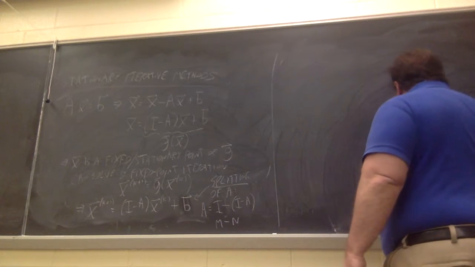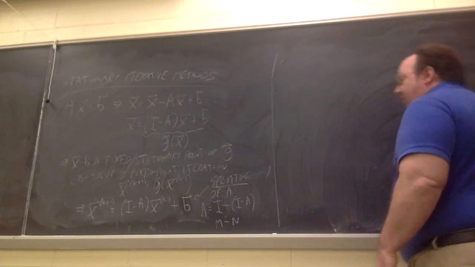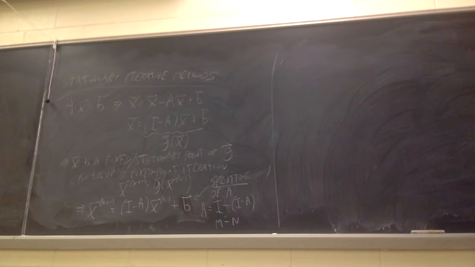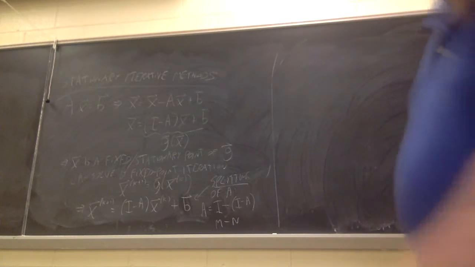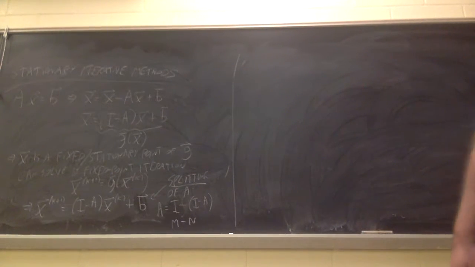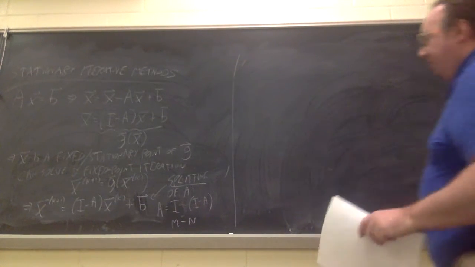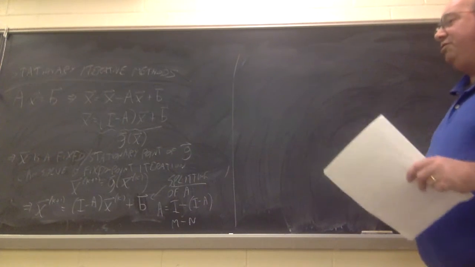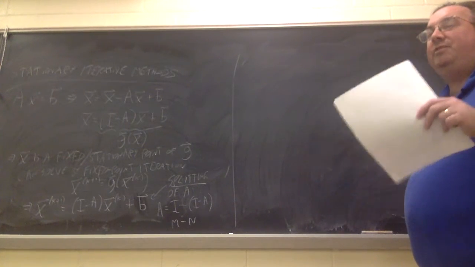Each iteration takes order n squared operations, so it's cheap, if the iteration converges fast enough. If I have to take a gazillion iterations, then that's not so efficient after all. But I have some leeway here because this is so efficient. I want to make sure it converges, and also try to make it converge rapidly.